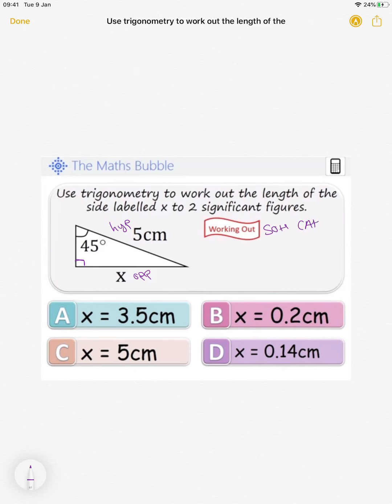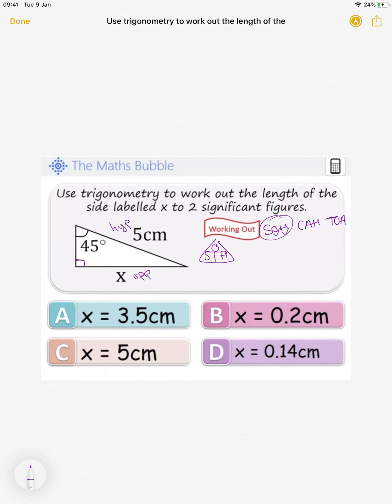I'm trying to find my opposite, and I've got my hypotenuse, so that tells me it's going to be sine. That's a shame we didn't get to do a cos one today, but I'm sure we will tomorrow. So triangle, sine is there.